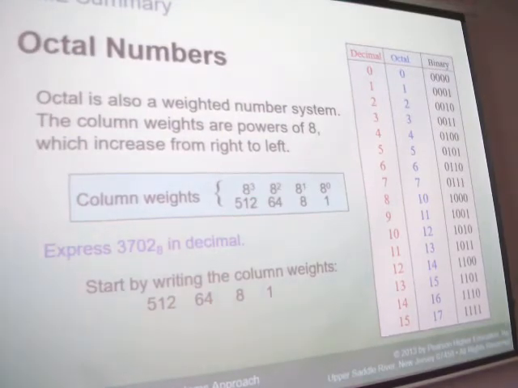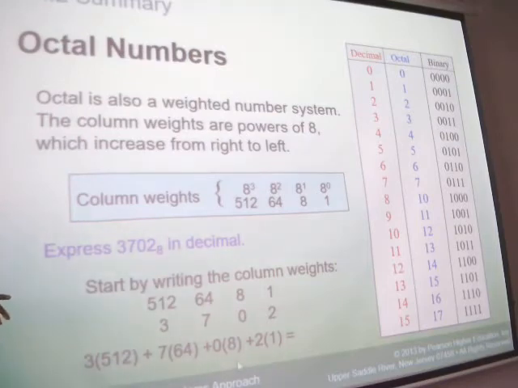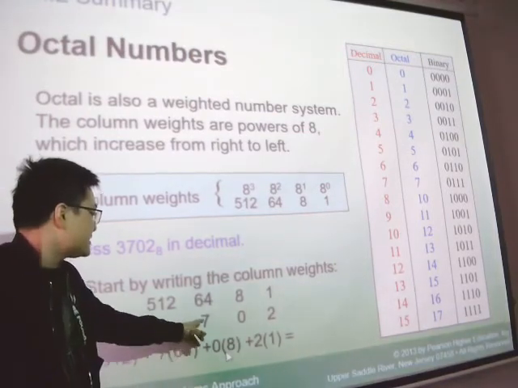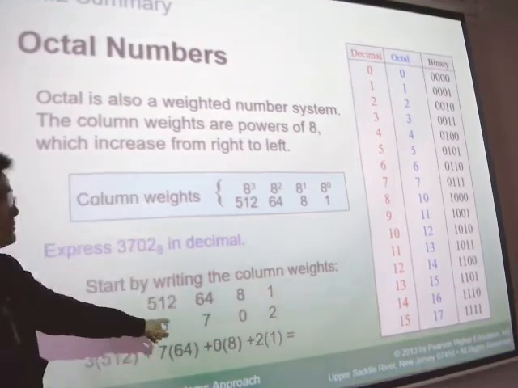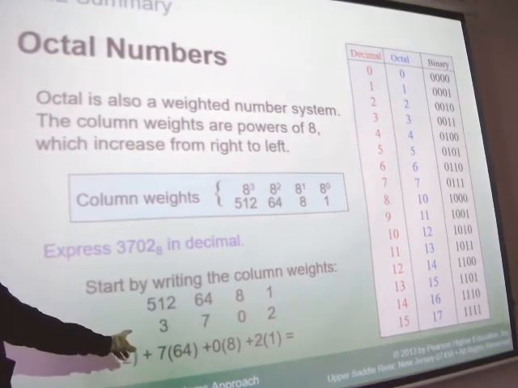The column weights of octal numbers are 8 to the 0, 8 to the 1, 8 squared, 8 cubed. So if we want to convert an octal number to decimal number, we can use the column weights like this. For example, 3702 is an octal number.